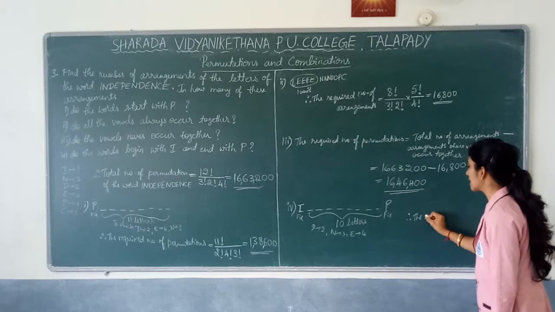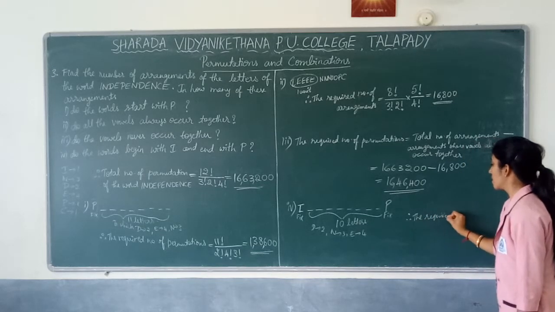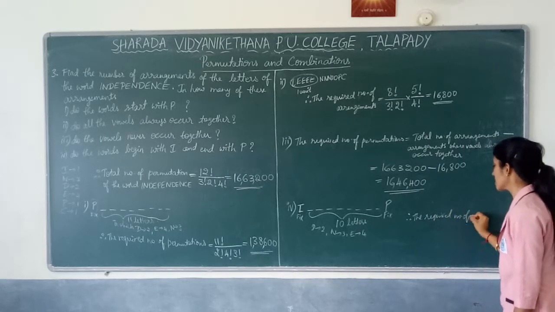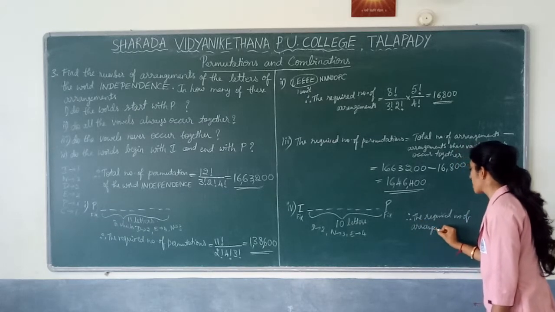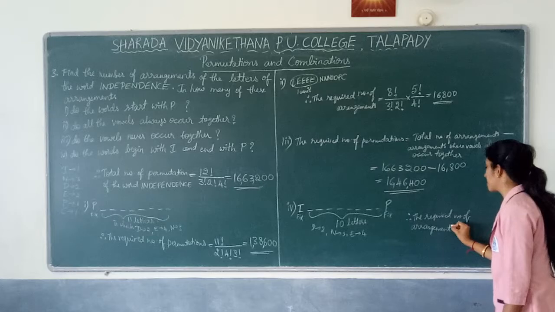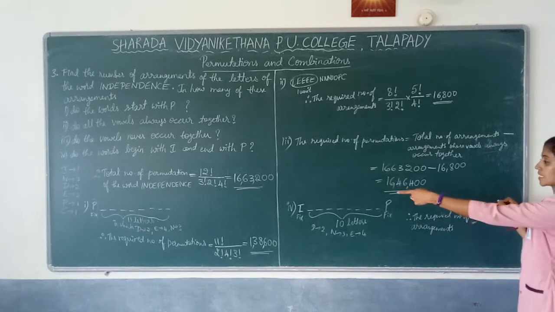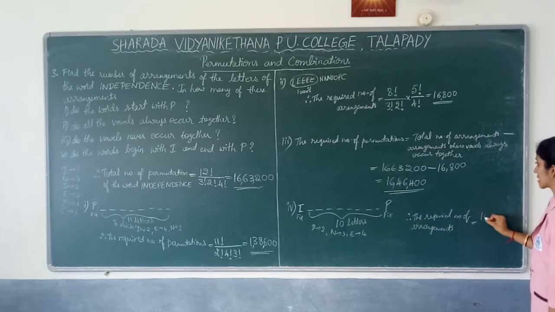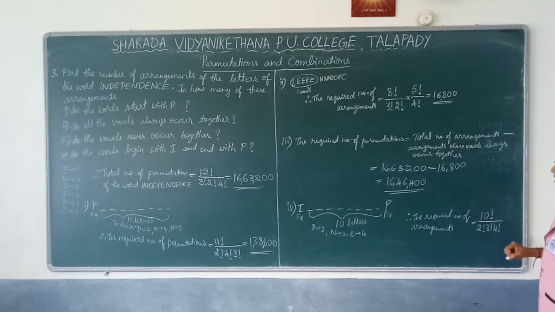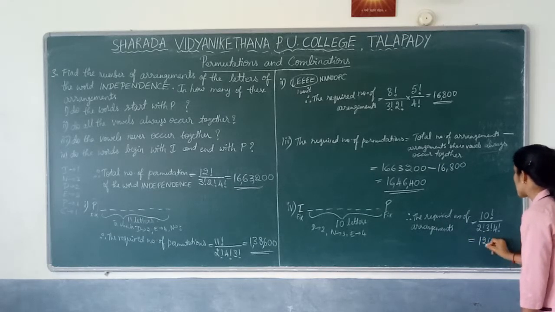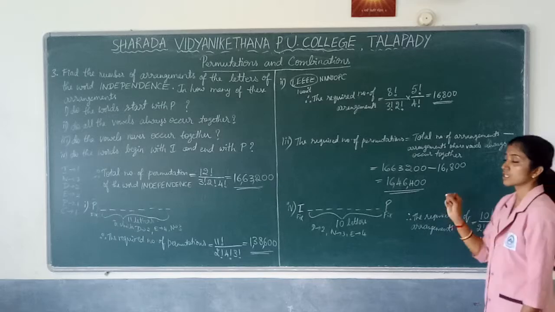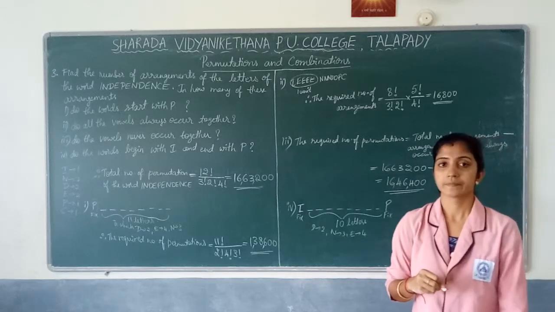The required number of arrangements is equal to, we should not consider that I and P remaining, so it is 10 factorial divided by 2 factorial into 3 factorial into 4 factorial. Okay, when you simplify this, you will get the answer as 12,600. Okay, this question is very important, practice well.